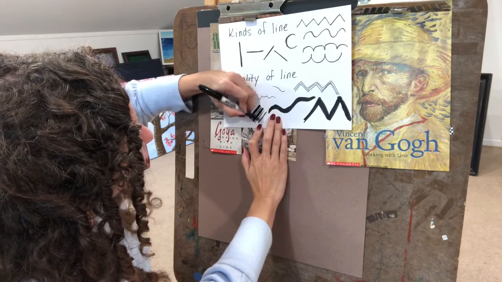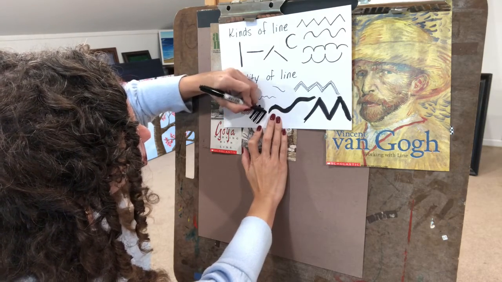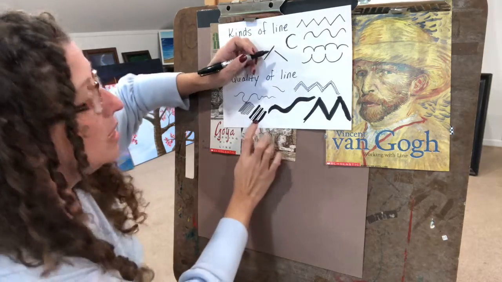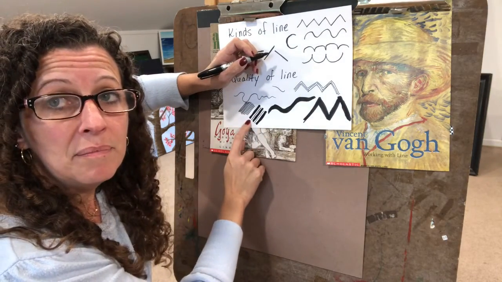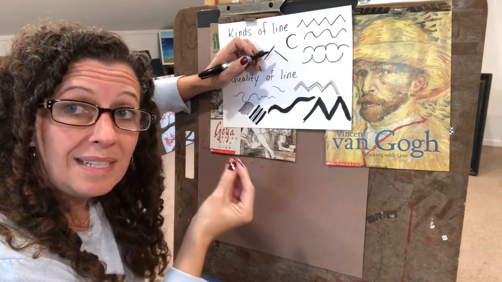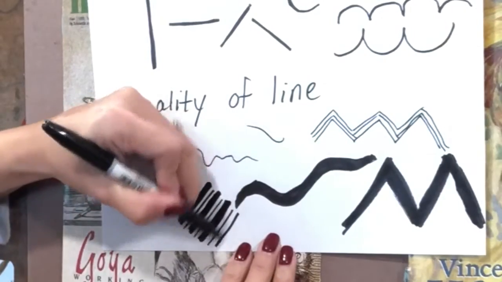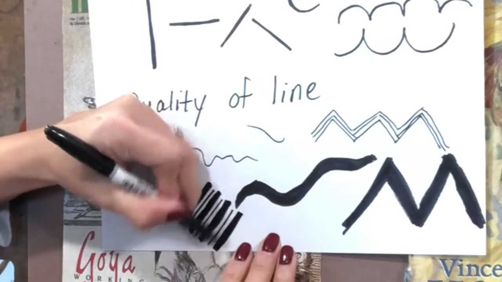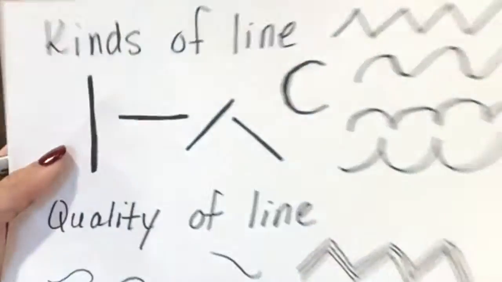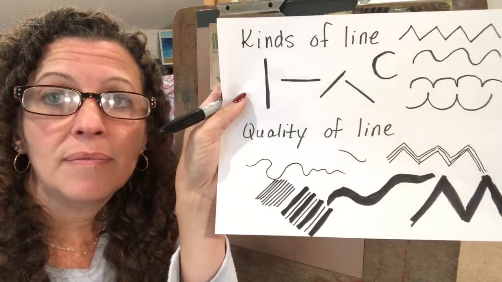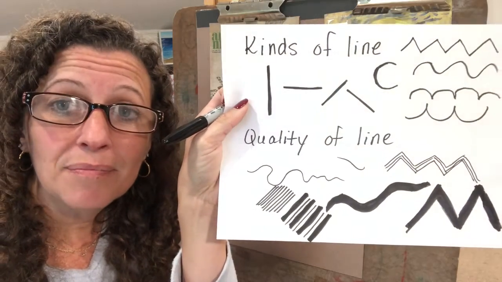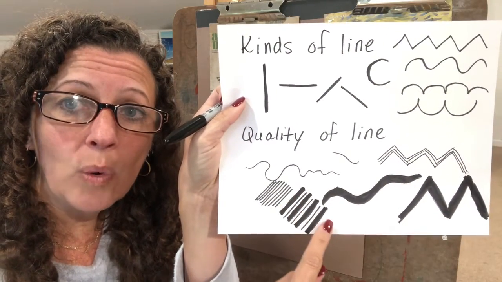If I create a pattern of the same kind of line, but a different quality of the line, that makes my whole look quite different and interesting, right? They are different from one another.